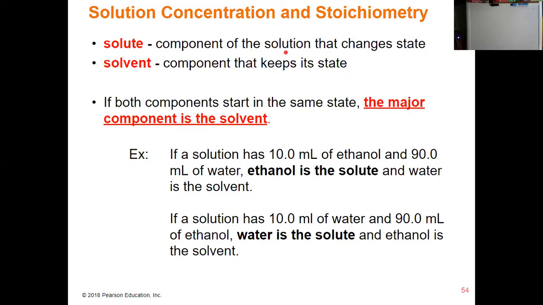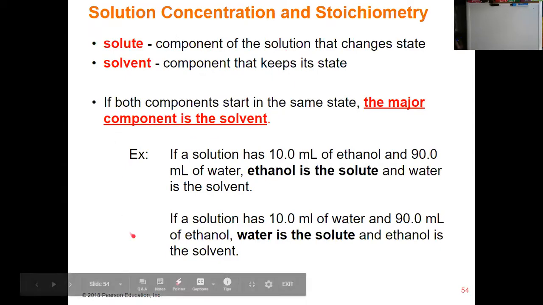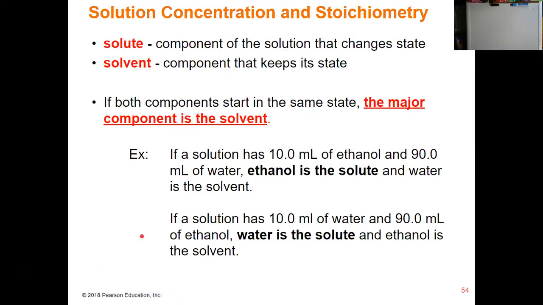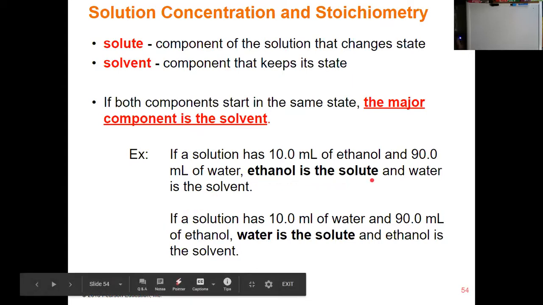Now when you have a situation where both of your components start and end in the same state, the only way that you're going to be able to tell which is the solute and which is the solvent is by quantity. I have two examples here. If a solution has 10 milliliters of ethanol and 90 milliliters of water, in this case, ethanol would be the solute because it exists in the smaller quantity.